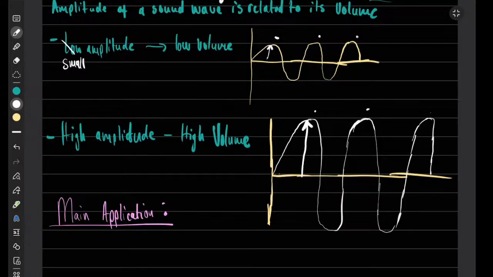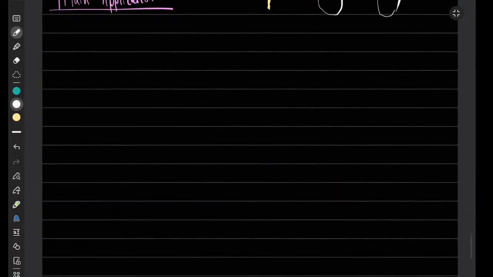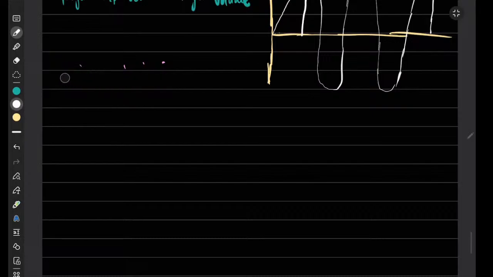So, last thing you must know is the uses of this. I wanted to tell you what ultrasound is, which is why I told you about pitch and frequency. There is a range of frequencies that human beings can hear.